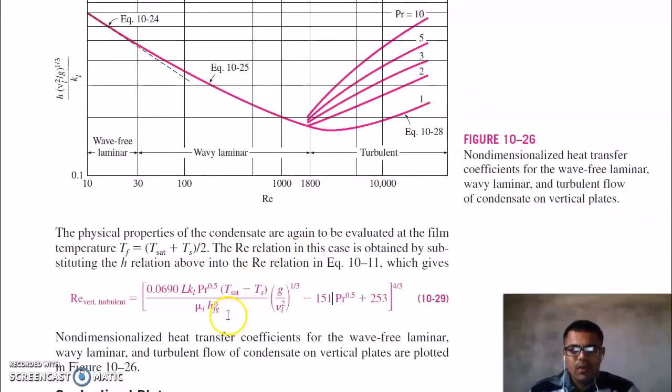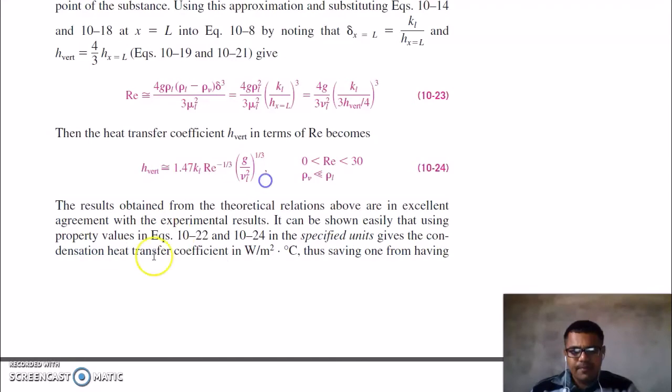Now in this equation, this term is known as the dimensionless convective heat transfer coefficient, and when you plot this number versus Reynolds number, this dotted line represents the laminar flow equation.